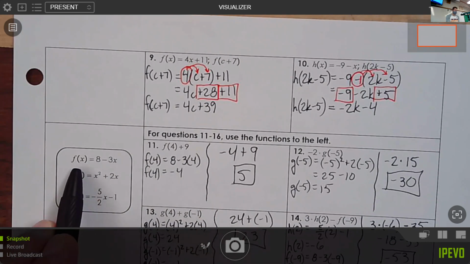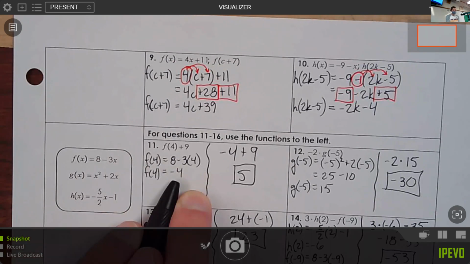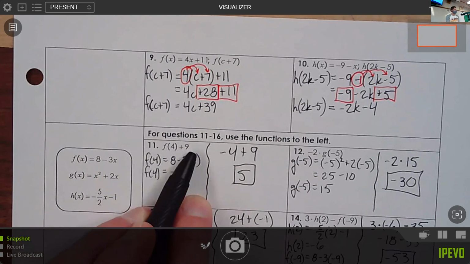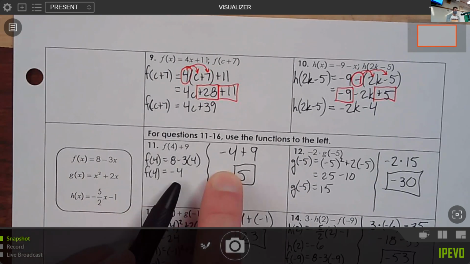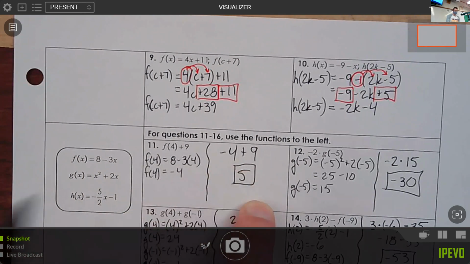So we plugged in 4 for x into this function, and then we solved it and we got -4. And then this is saying, okay, whatever f of 4 is, -4, add 9 to it. So we got that number, -4 for f of 4, and then we added 9 to that, and we got 5. And there were a few other problems that we did that were similar to that one.